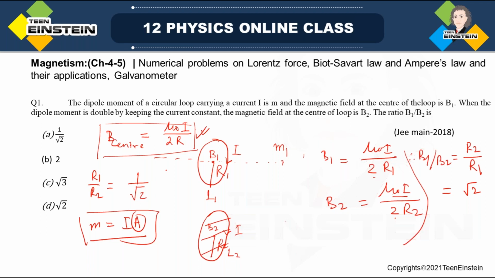This problem is again an interesting problem, and it is also from the JEE Mains paper 2017.